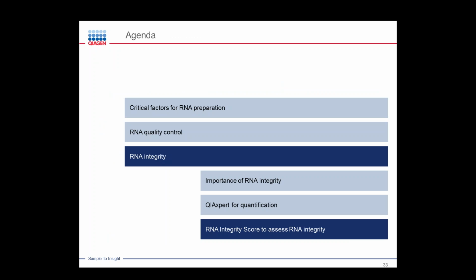In the next couple of slides, I would like to present the RNA integrity score to assess RNA integrity using the QIAxcel Advanced System that enables fully automated, sensitive, high-resolution capillary electrophoresis.